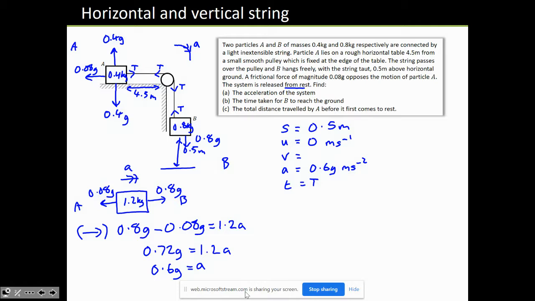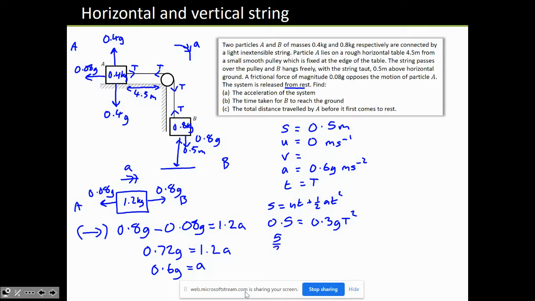So we want to use s equals ut plus half at squared. And in this example, u is 0. So we just use s is half a t squared. So 0.5 is half a, so that's 0.3 g t squared. So we have a half is 0.3 g t squared, so we can divide both sides by 0.3, and then divide both sides by g as well.